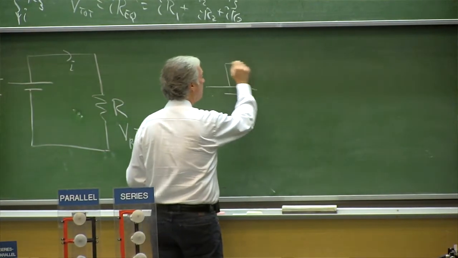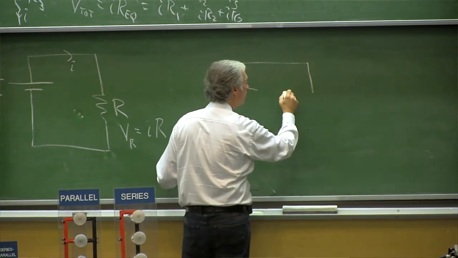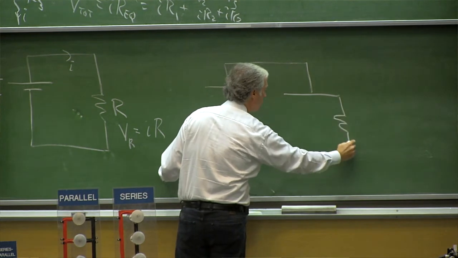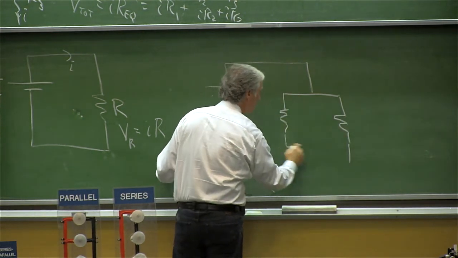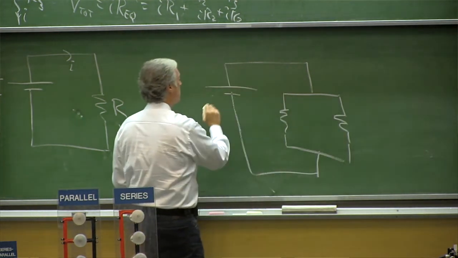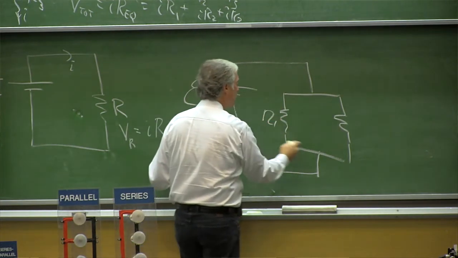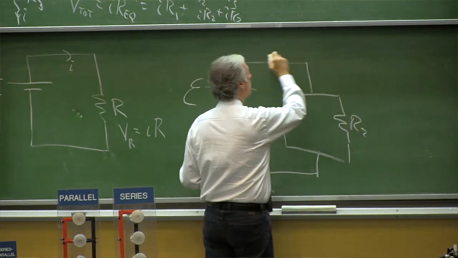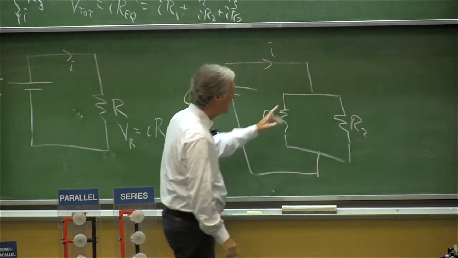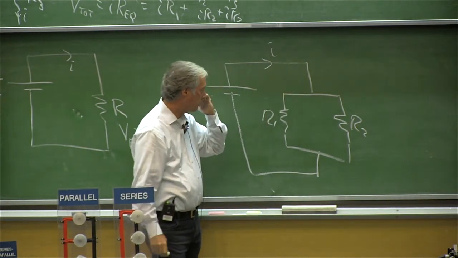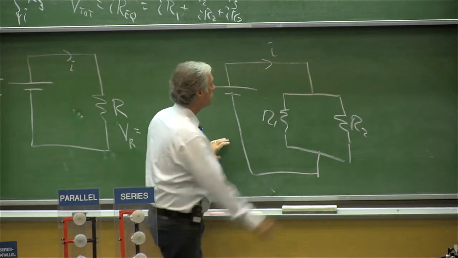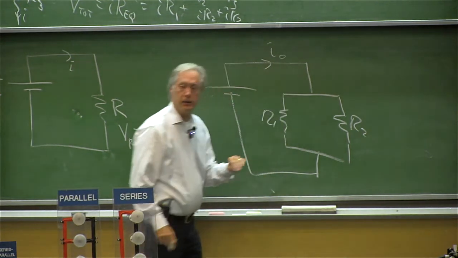Let's have now 2 resistors. Here's our EMF, R1, R2, and here's the current. When the current arrives here, let's call that I naught.